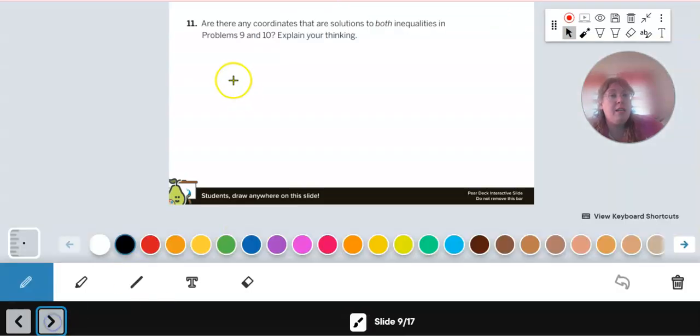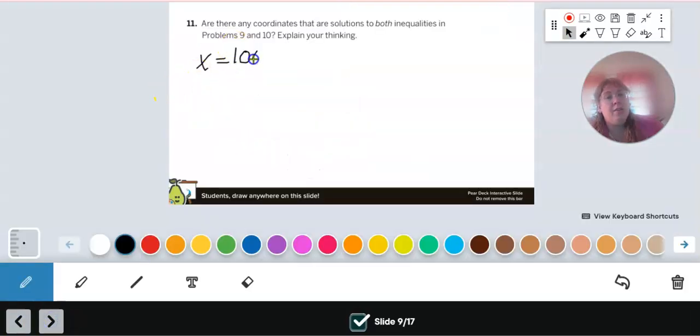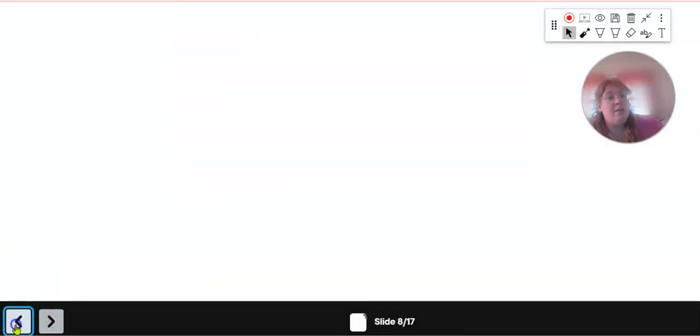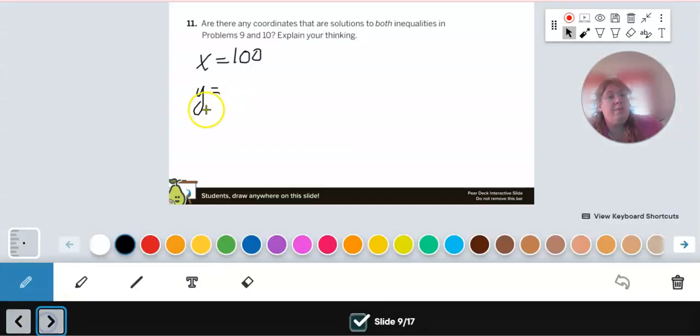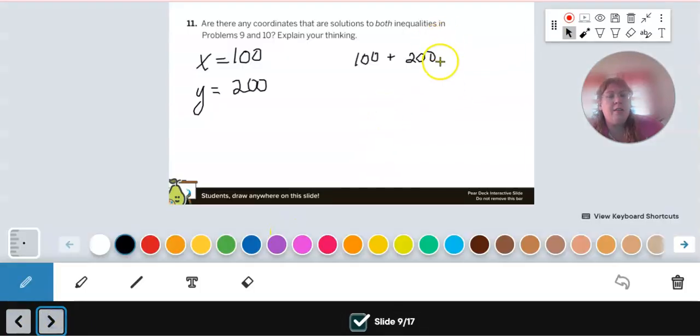So the one that we chose here, when X was 100 and Y was 200, when we add them together, it fits this slide here because it's less than 400, because that's only 300 seats.